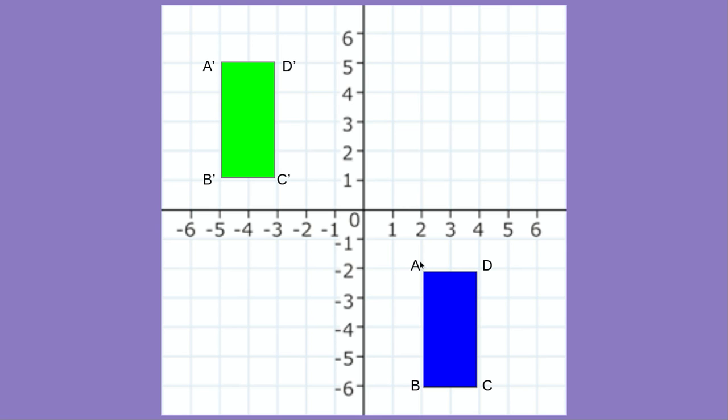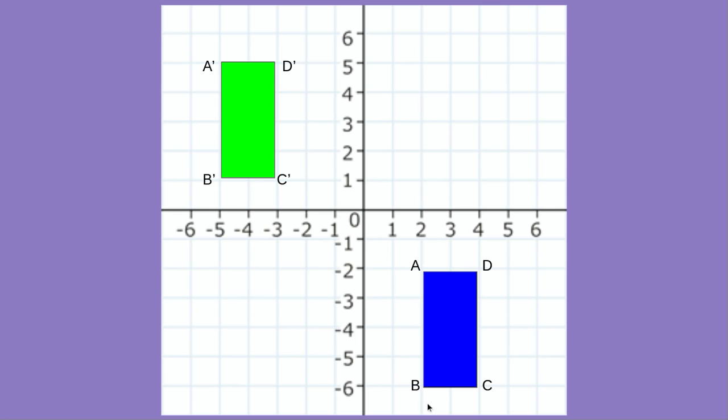So we take A: 1, 2, 3, 4, 5, 6, and 7. So we know it's 7 up. And then 1, 2, 3, 4, 5, 6, 7. So we know that when A was translated, it was translated 7 squares up and 7 squares to the left.